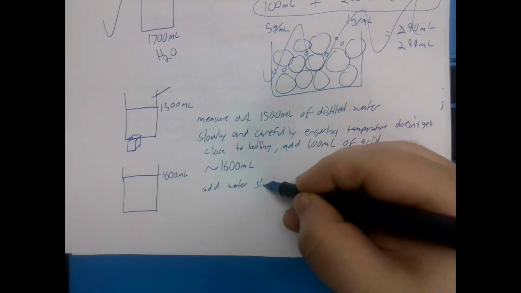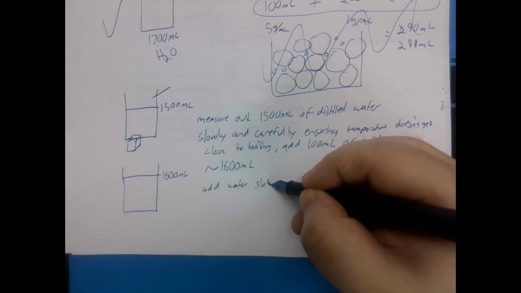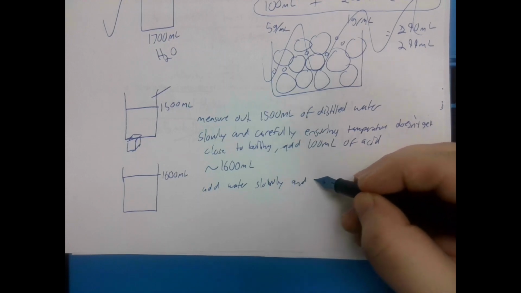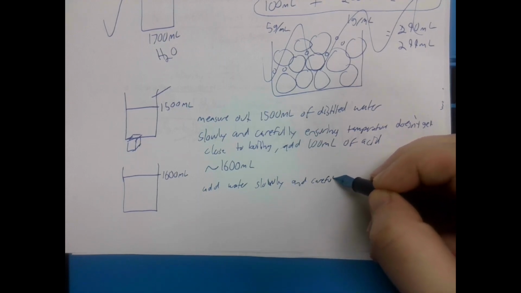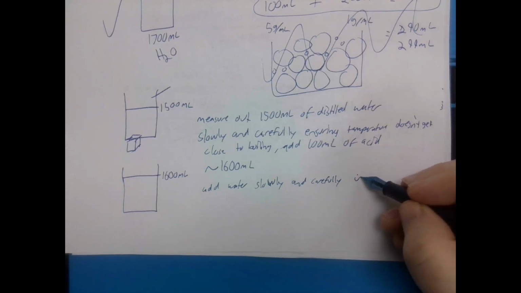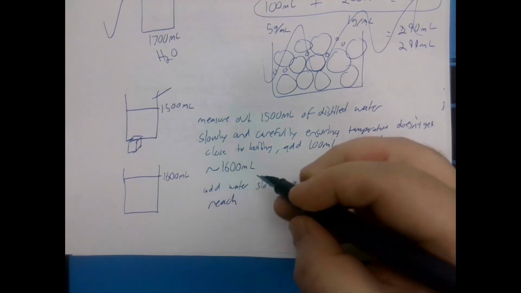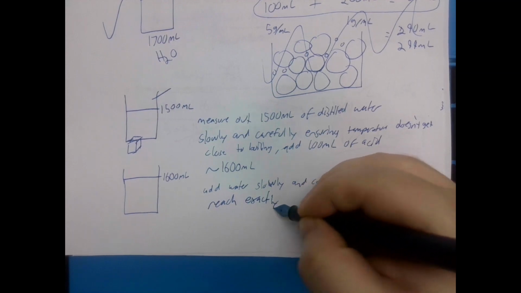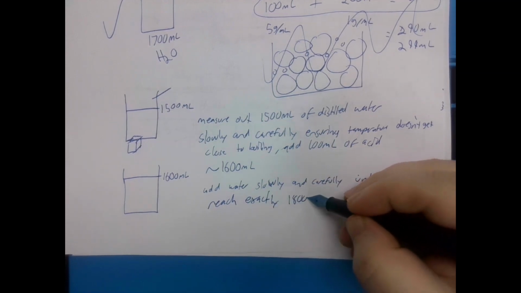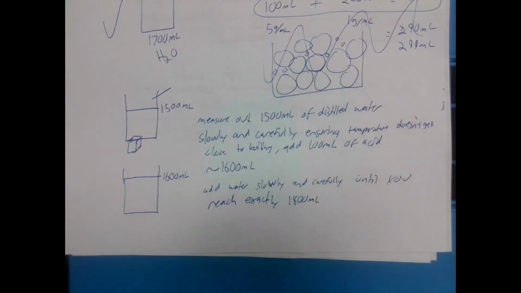Add water slowly and carefully until you reach exactly 1,800 milliliters. And that's how you mix them together.